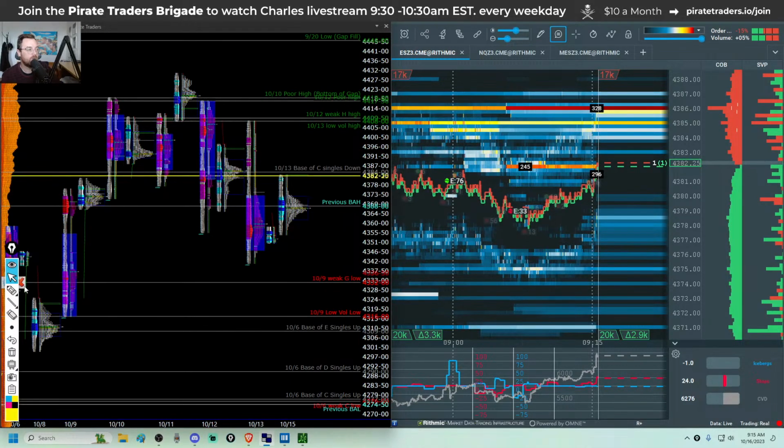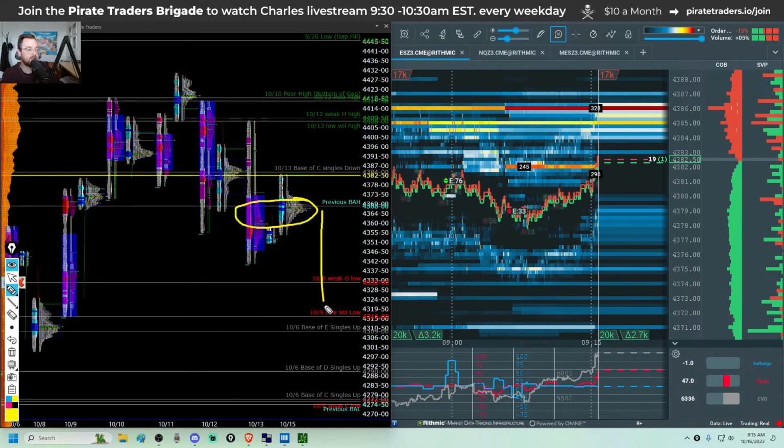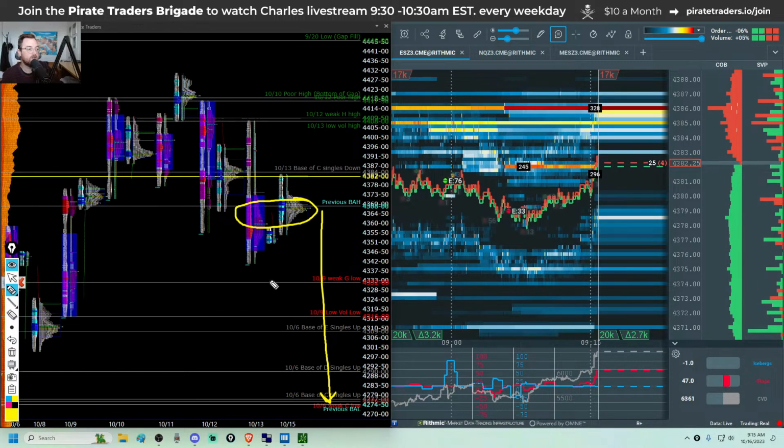So this area acting as support and holding the market up is very important because a break could lead to a big move.